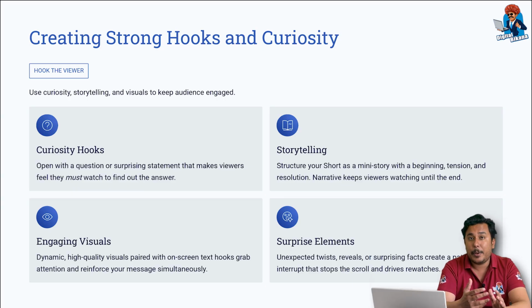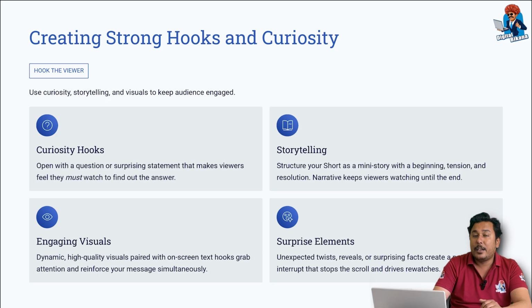If people are watching your short and ultimately get to see the twist in the story, then they are going to get hooked on your short. So you can create a twist in your content. You can reveal something or surprise them by breaking a pattern, right?